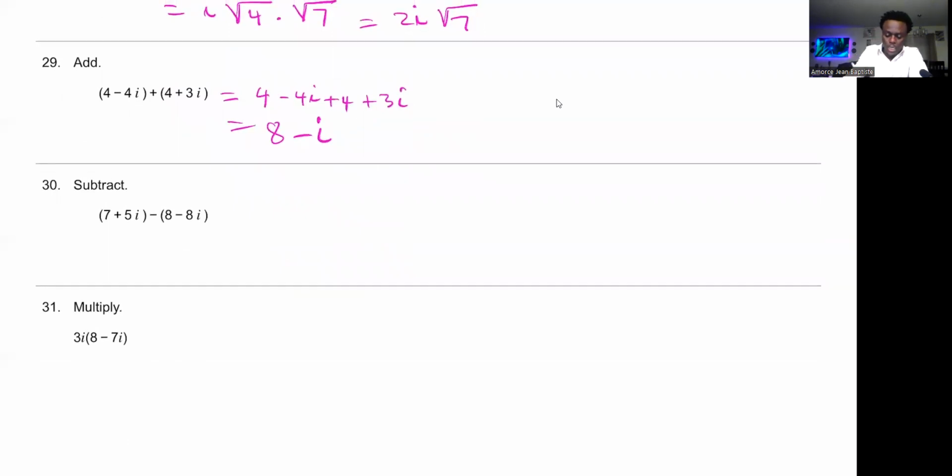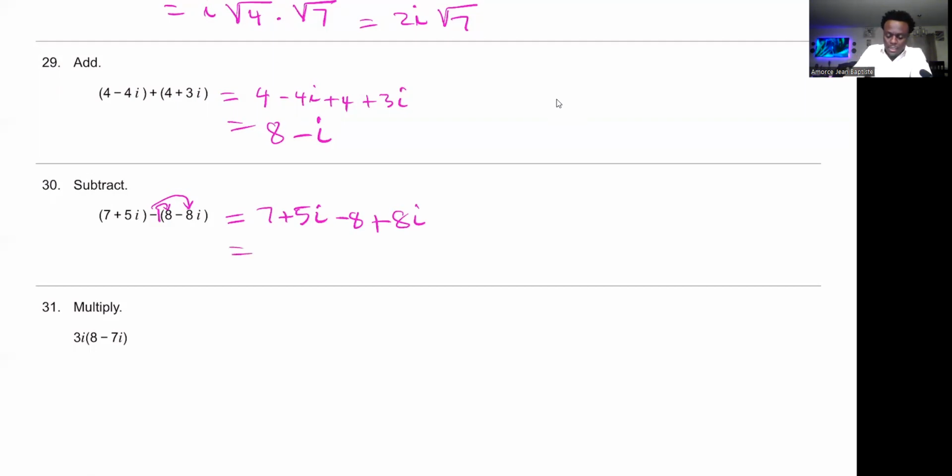Next, subtract. So for this one here, it's like you have a negative one here that will distribute over these and change the signs. The first one is okay, 7 plus 5i. But the second one, negative 8 plus 8i, changes the signs because of the negative sign on the outside.